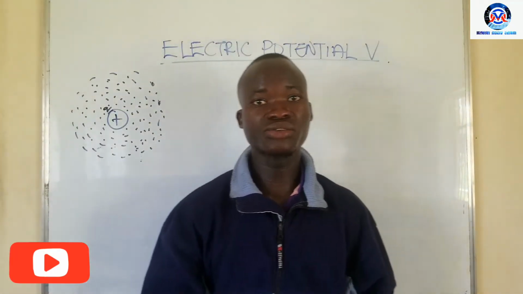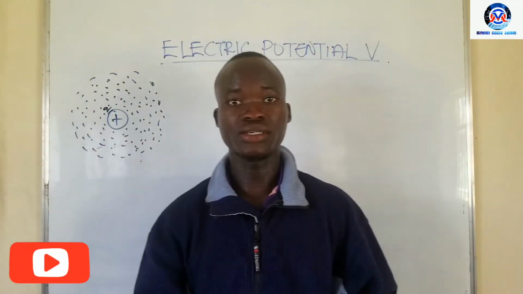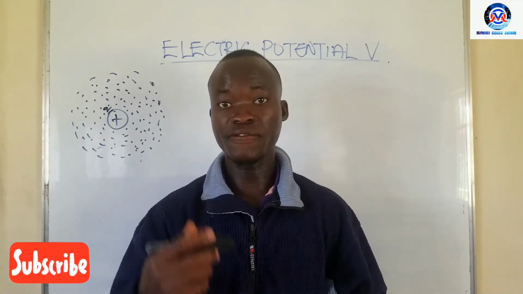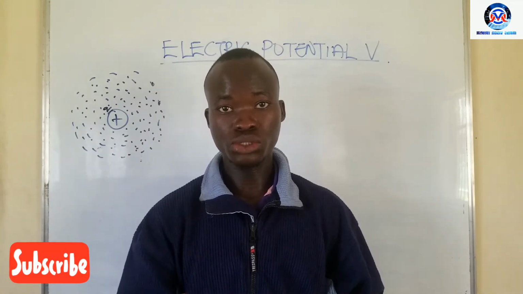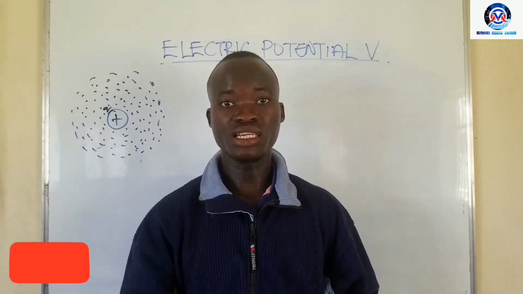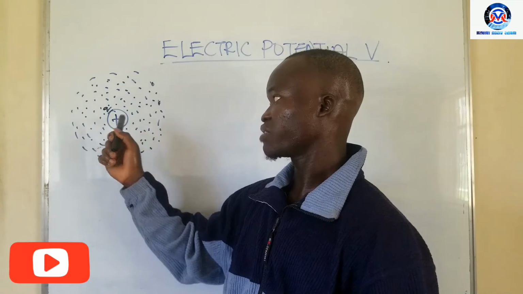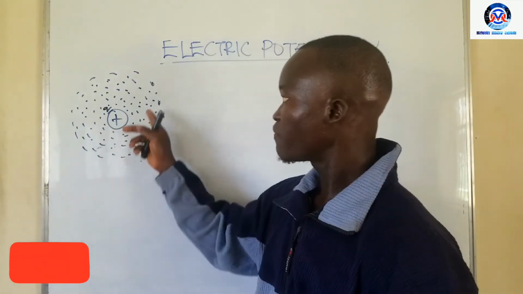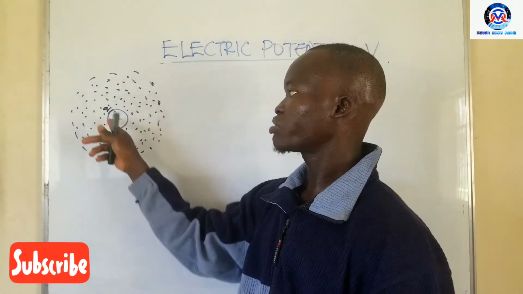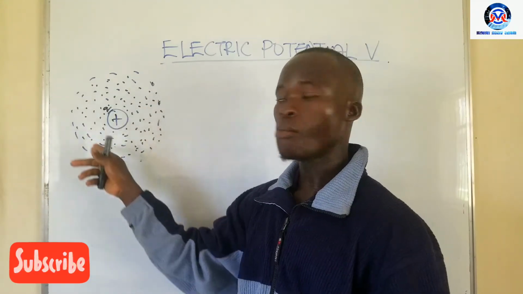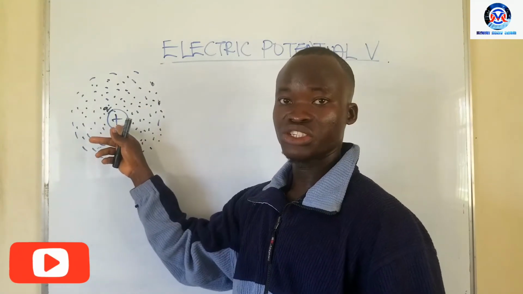Notice that charges create electric potential. Remember that charges create electric field. So also do charges create electric potential. Consider this positive charge. At every point in space around this charge, we have different electric potential due to this charge.